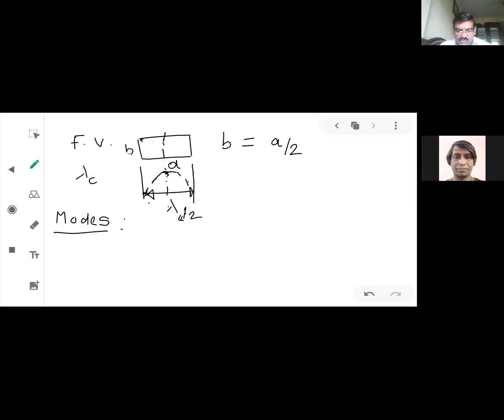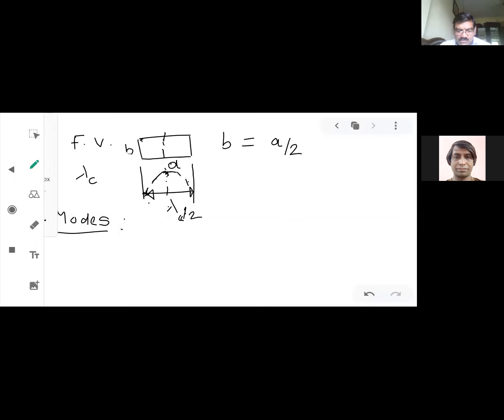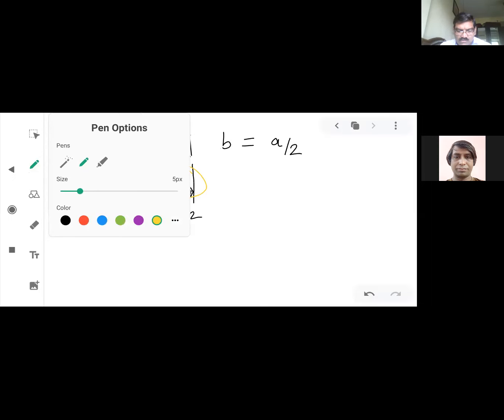That is nothing but the modes. Okay. So here I said that this distribution of the signal on the left hand side and on the right hand side is nothing but the voltage variation.